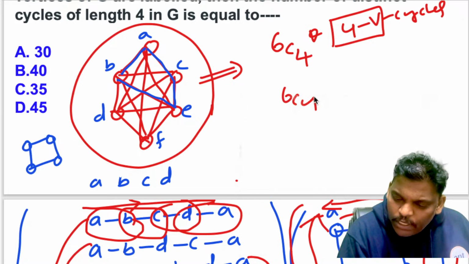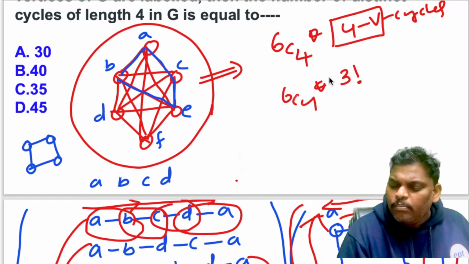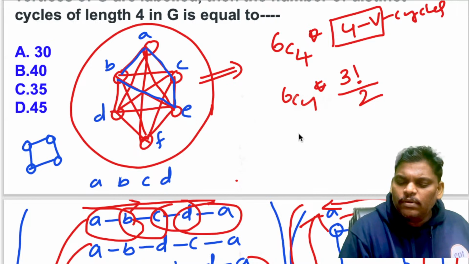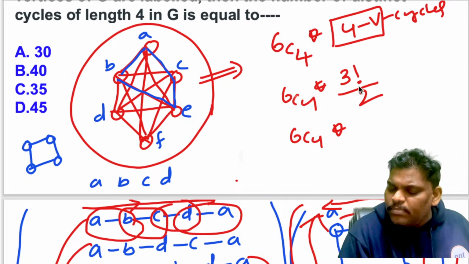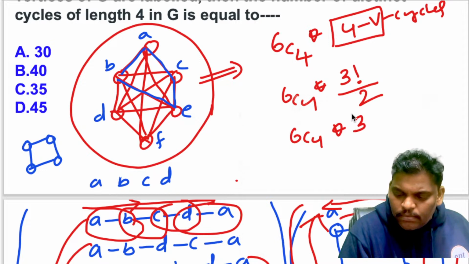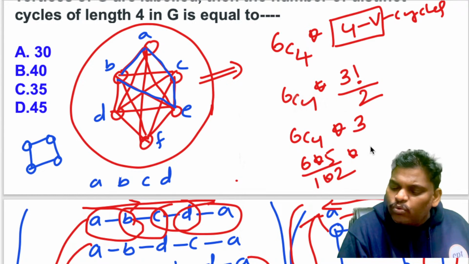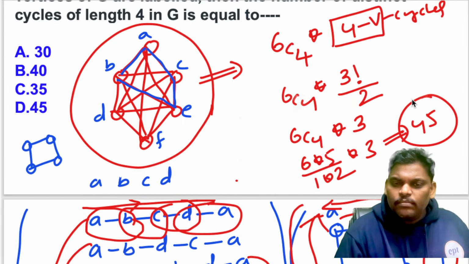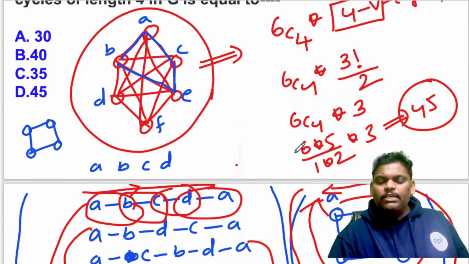So 6C4 into 3 factorial by 2, because the same thing is coming again, which will go to 6 by 2, so 3. 6C4 means 6 into 5 by 1 into 2, 6 5s 30 by 2 means 15. 15 into 3 is 45. Please take care of this one. If anyone is getting any doubt, let me know.